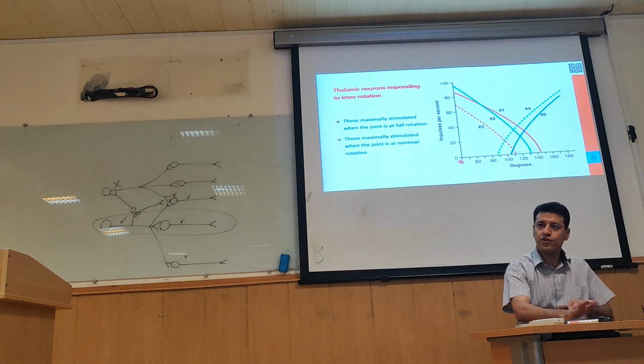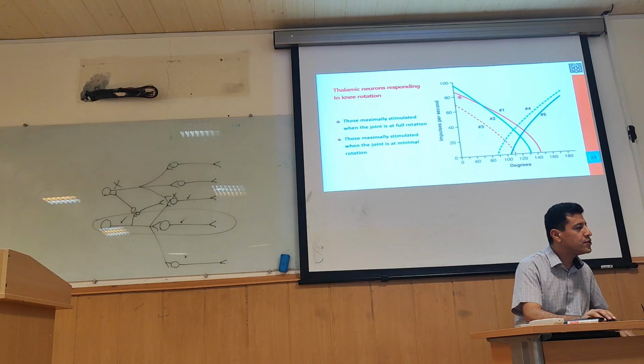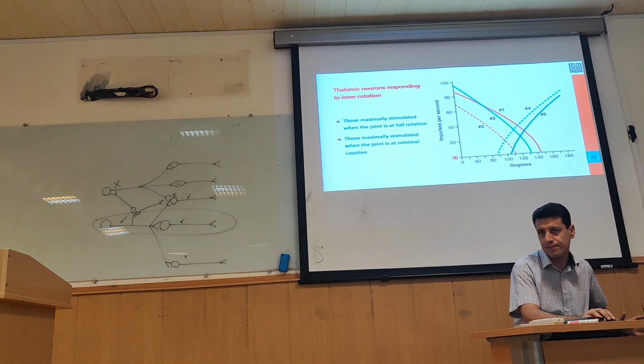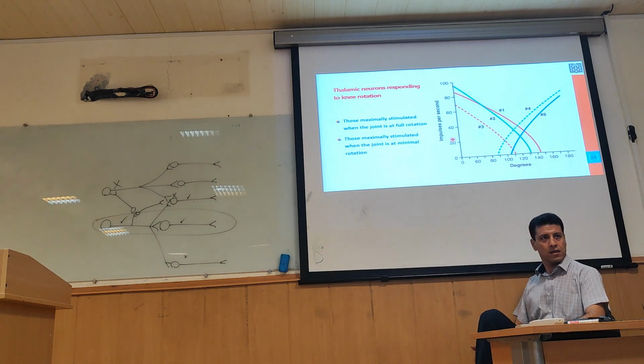When the knee is stretched, then you can see that neuron number 1, 2, and 3 are activated at a very high level. But neuron number 4 and 5 actually do not generate any action potential. So they are silent. Then you start to bend your knee.